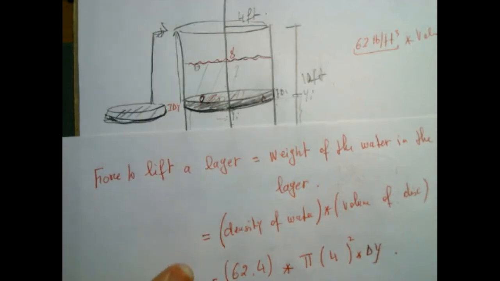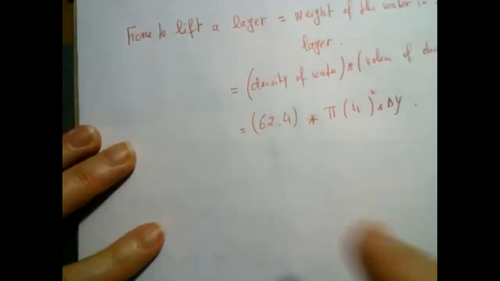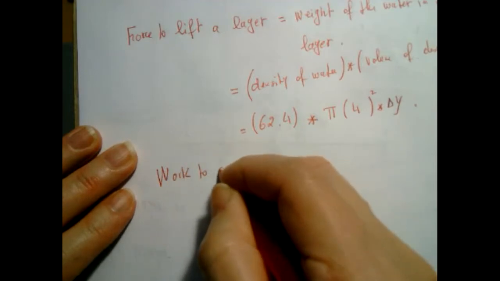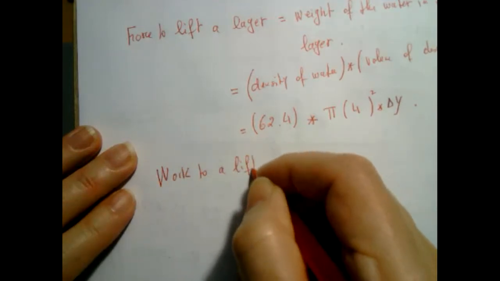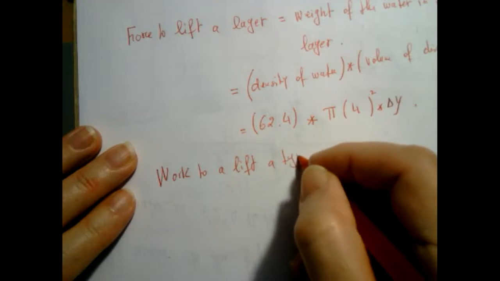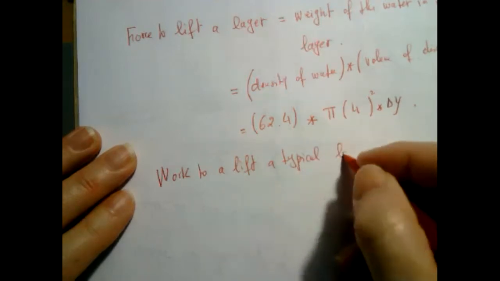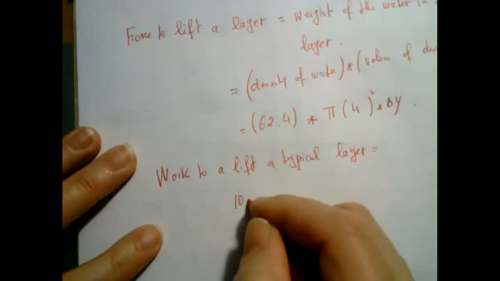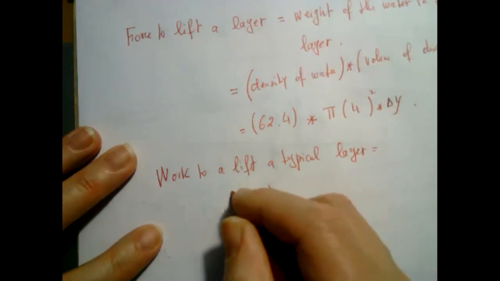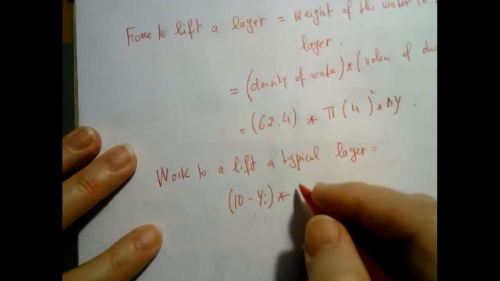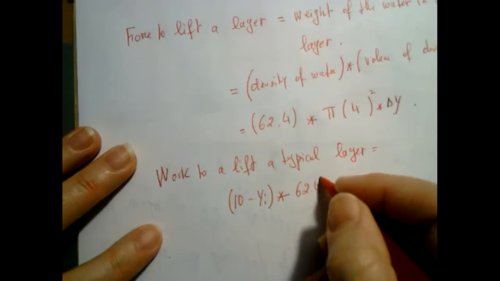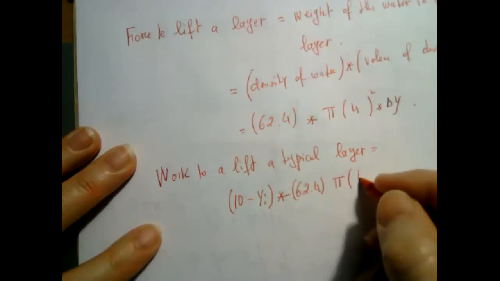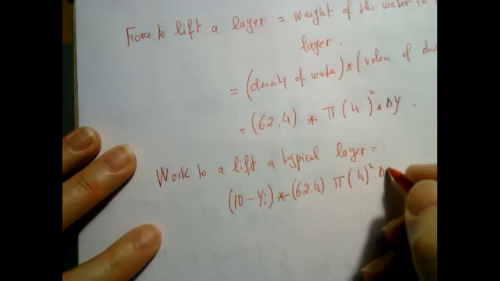So now finally, I'll put the whole thing together. The work to lift one particular layer, to lift a typical layer, is the distance, which was 10 minus yi, times the force, times pi, times 16, which is the radius squared, times delta y.